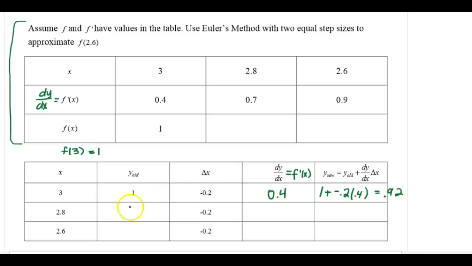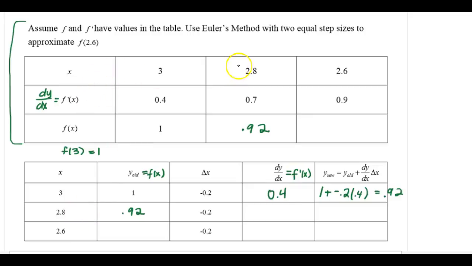Alright, so that now goes right here. So that's my approximation for what's going on when x is 2.8 on f of x, right? Because y equals f of x. So this is 0.92. And then now I can find f prime of x at 2.8.